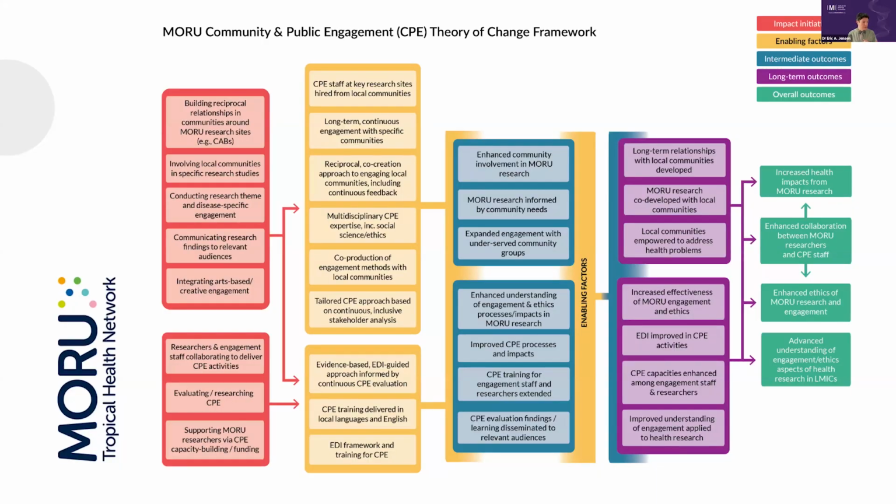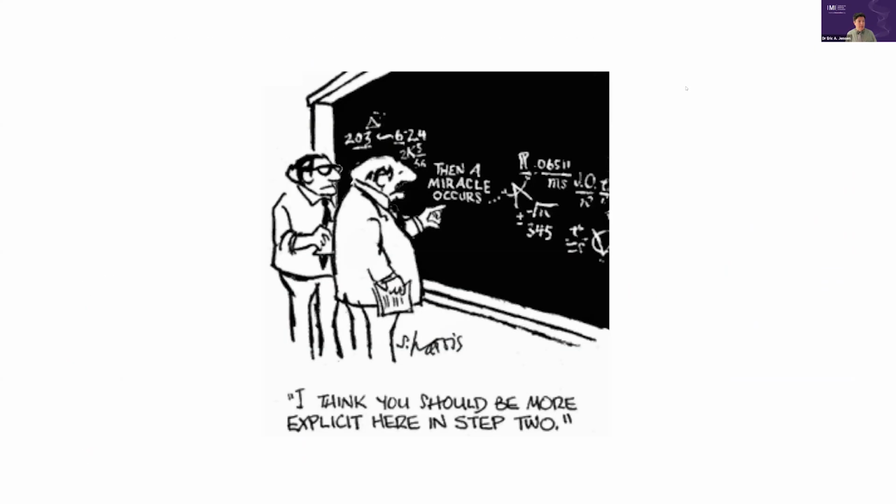This is one we did for a recent large center grant proposal from a research center based in Thailand. And identifying who is relevant can be an excellent starting point for developing a theory of change, for strategic impact planning in general. It can also help you to identify potential gaps or missing pieces of the puzzle.